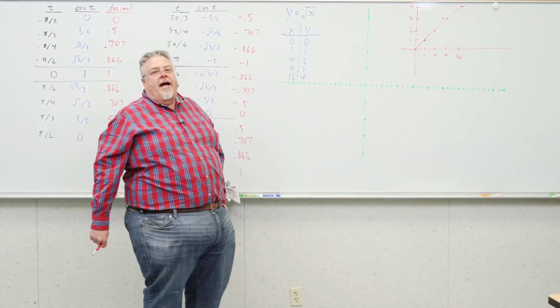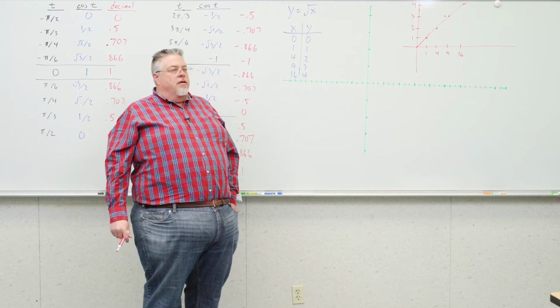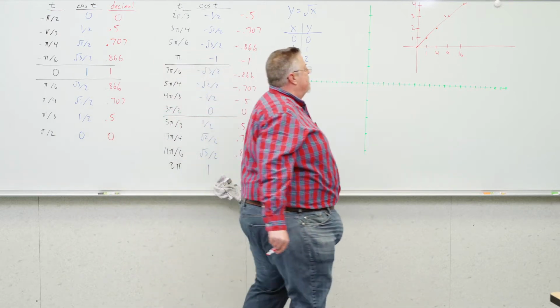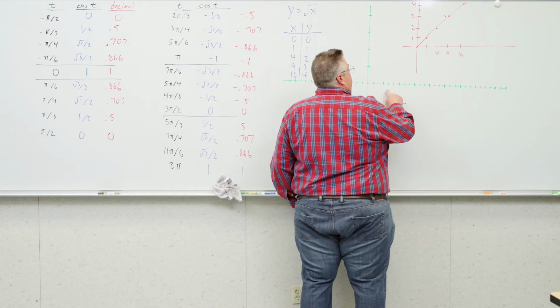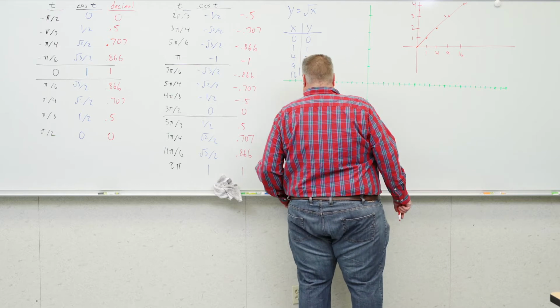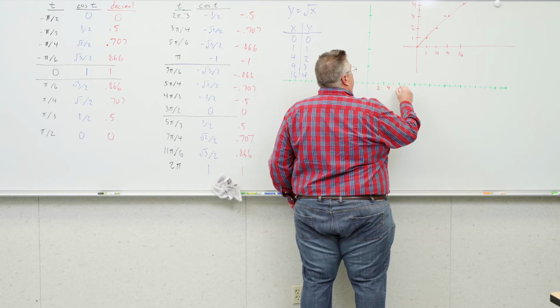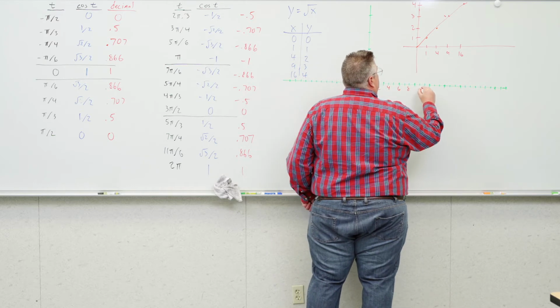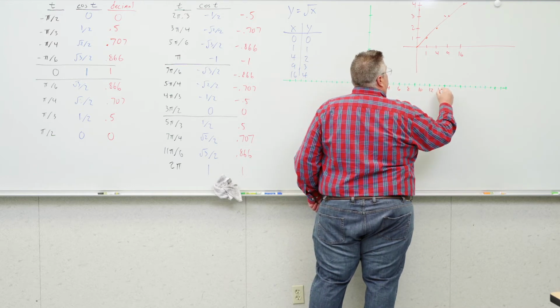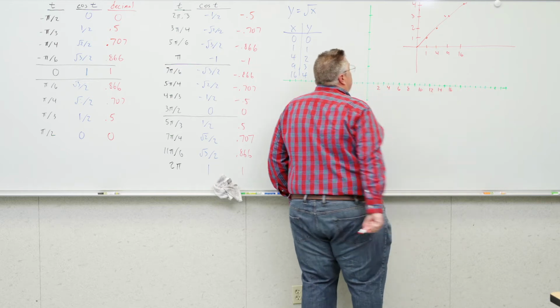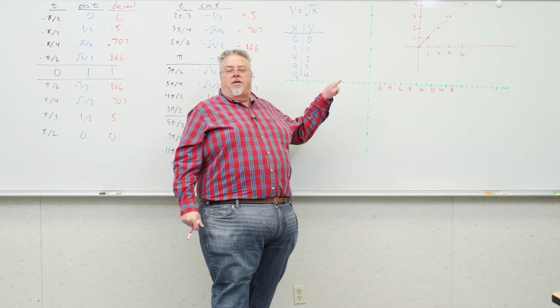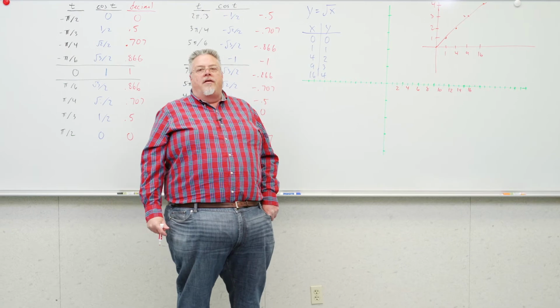I trust by now that you would know to number these pretty consistently. I don't have to write down numbers on every single hash mark here, but I can number every other one. Let's say 2, 4, 6, 8, 10, 12, 14, 16. My point is to keep the numbering consistent.